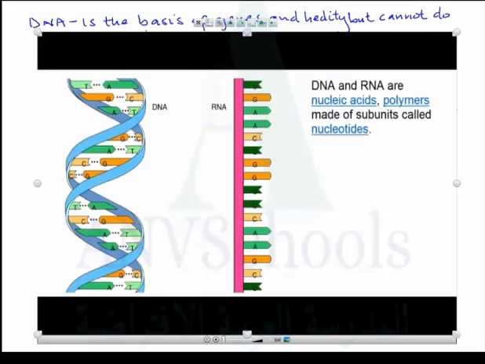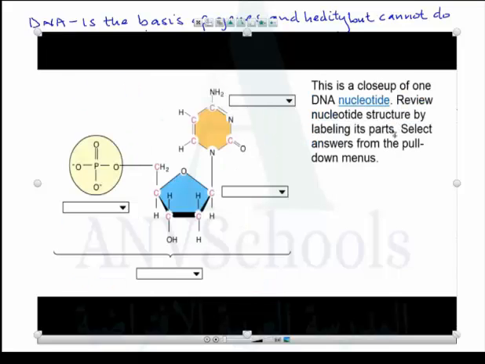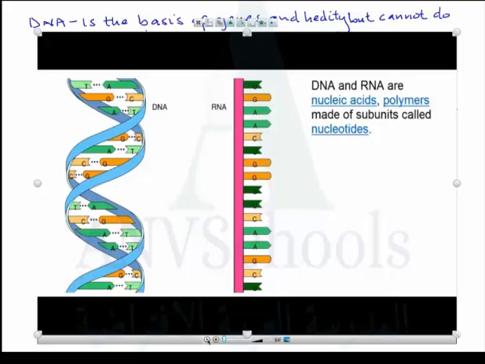What we have here is a model of the DNA, which of course is made of nucleotides. DNA and RNA are nucleic acids, polymers made of subunits. This is a close-up of DNA structure.